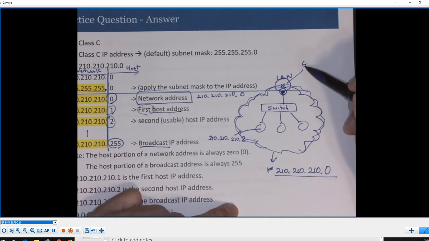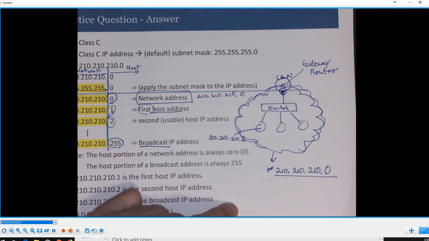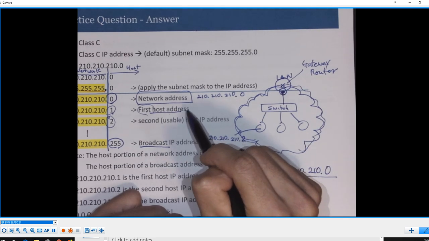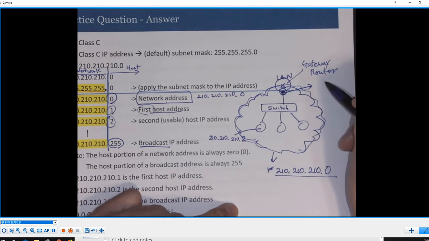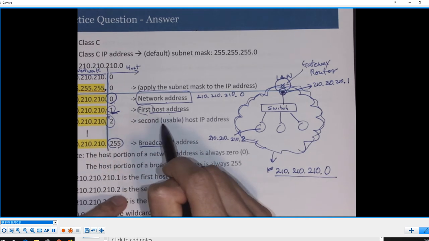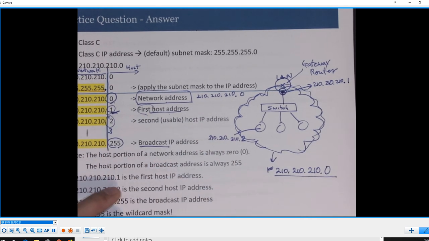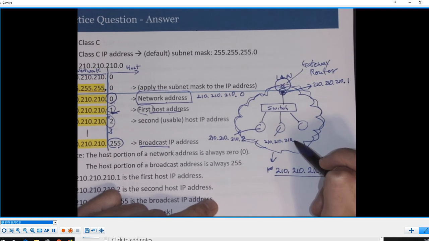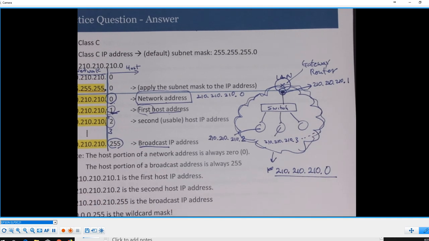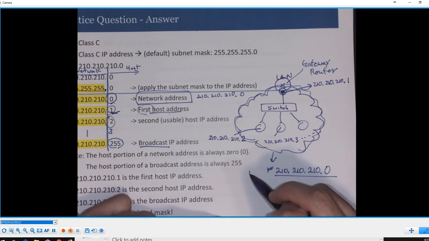So this is a gateway router, and usually the system admin assigns this first usable host IP address to this node. So this is 210.210.210.1, which is this guy. And of course, the third usable host IP address is the 3. So this is probably 210.210.210.3 and so on. Okay. So this is the network address.